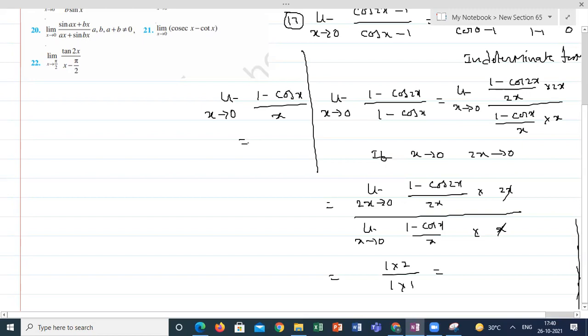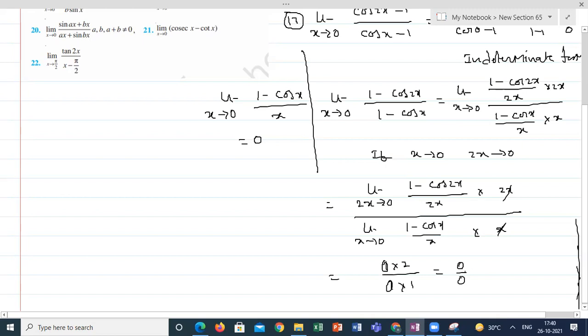What is this value? Limit x tends to 0, 1 minus cos x by x is 0 only now. Yes, sir. In this case, what will I get? 0 by 0. Here also I am getting 0 by 0. How will we proceed to solve this question, students?